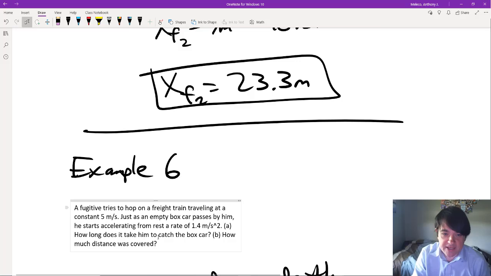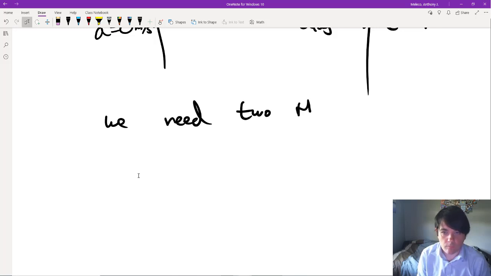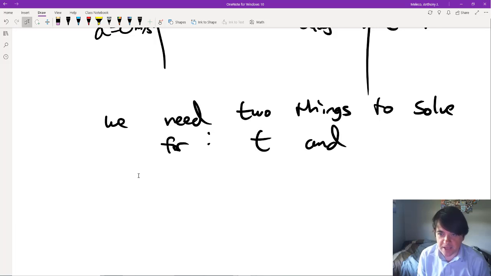So, how long does it take him to catch the car? We need 2 things: time and distance. And these will be the same for both, right?